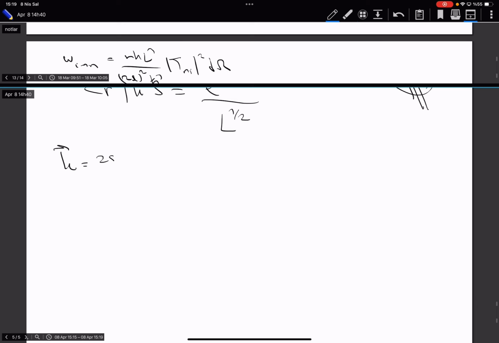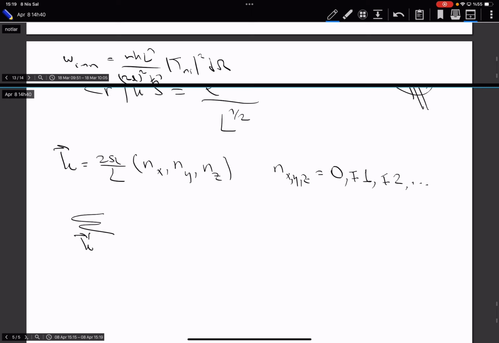This should be 2 pi over L times n_x, n_y, n_z, where n_x, n_y, and n_z can take values 0, plus or minus 1, plus or minus 2, etc. And the sum over all k prime such that k prime is within this d omega and within this direction, I can write as an integral, with this condition.